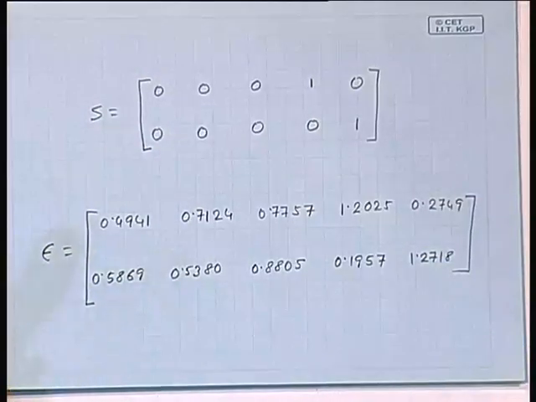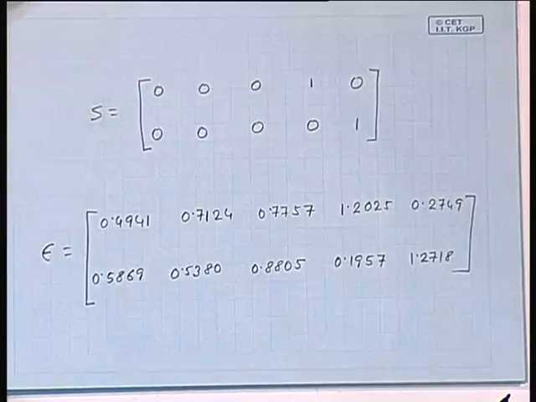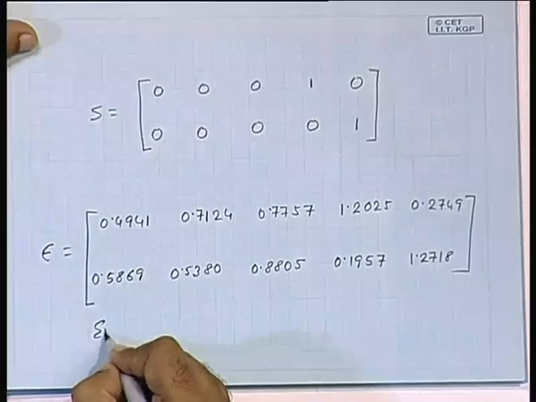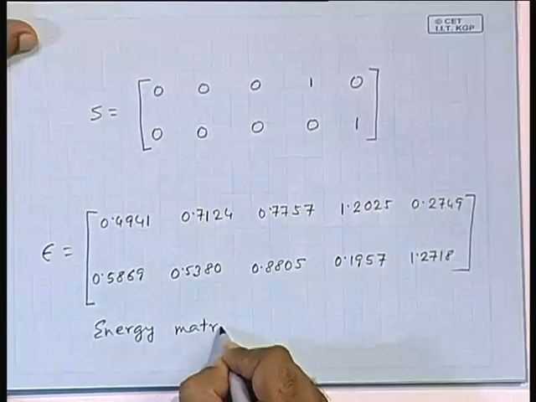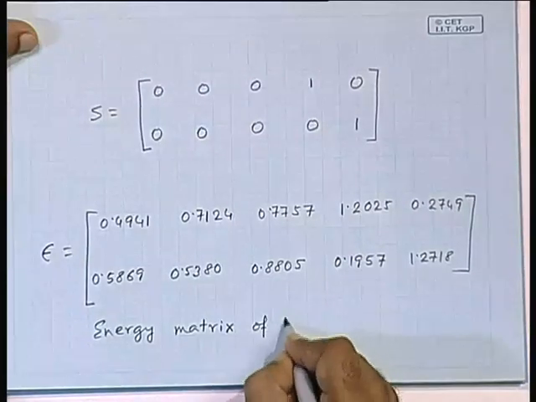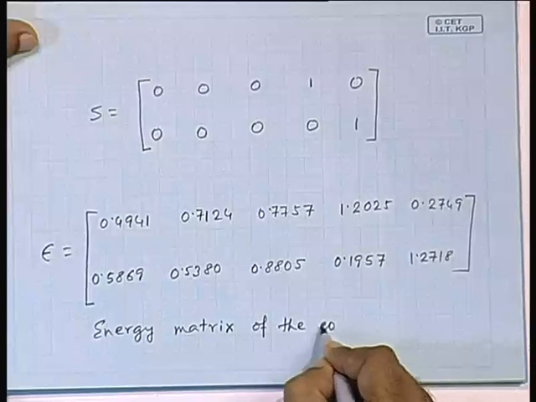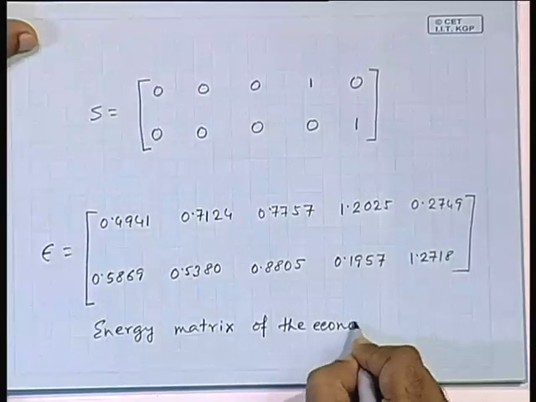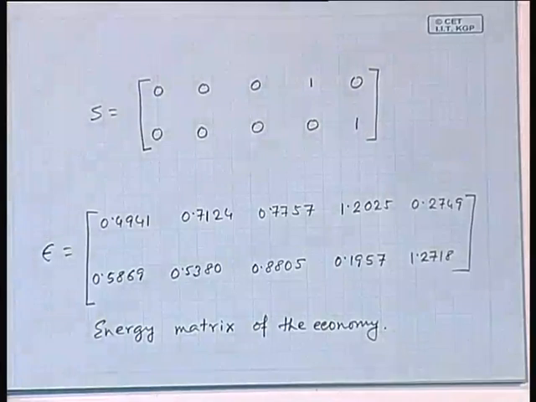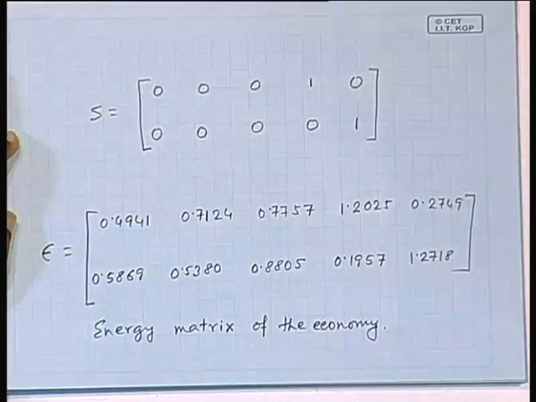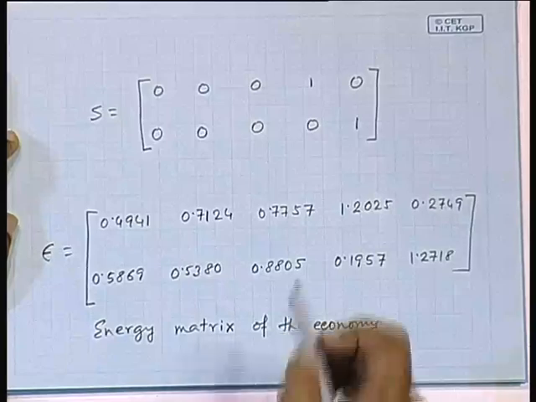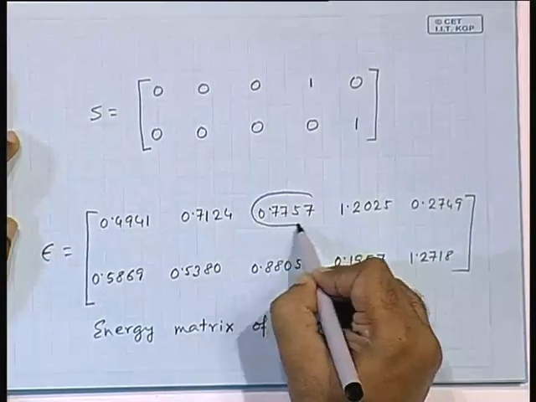Okay, so we have this epsilon matrix, and we are now trying to understand what physically it means. This is called the energy matrix of that economy. So what does this term mean?